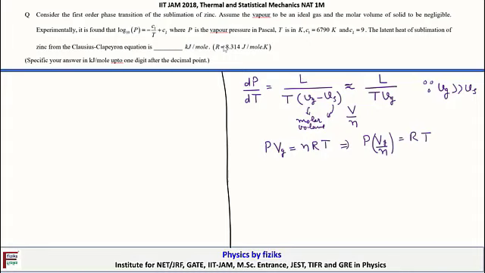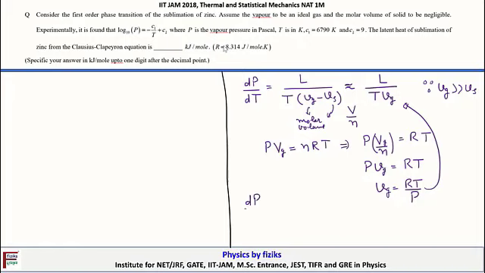Or we can write this as P Vg, where now small Vg is the molar volume, equal to RT. From here we note that the molar volume Vg is equal to RT by P. Now we will substitute this Vg in the Clausius-Clapeyron equation and see how it looks.